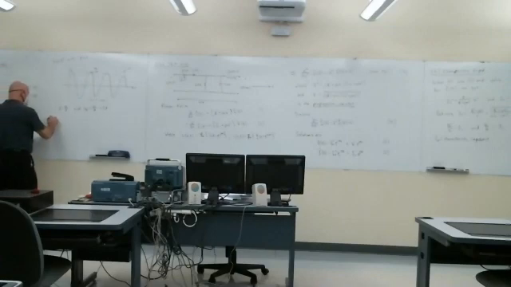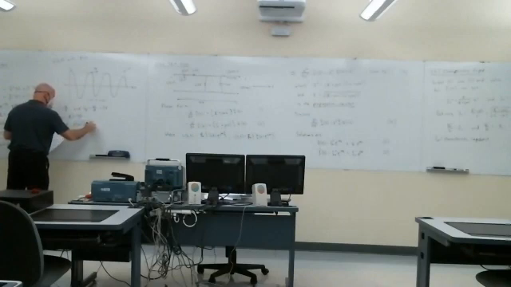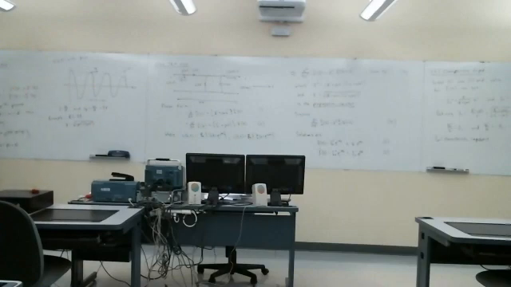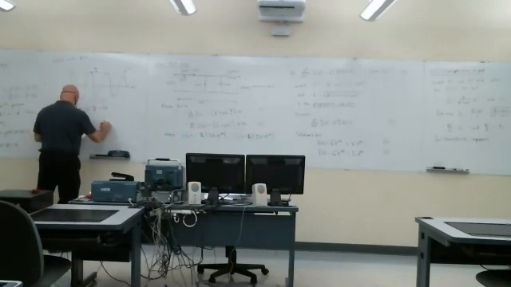But for our RG59 case, gamma is approximately the square root of jωL' jωC', again because these two terms are so large compared to the R' and the G' terms, or jω times the square root of L'C'.